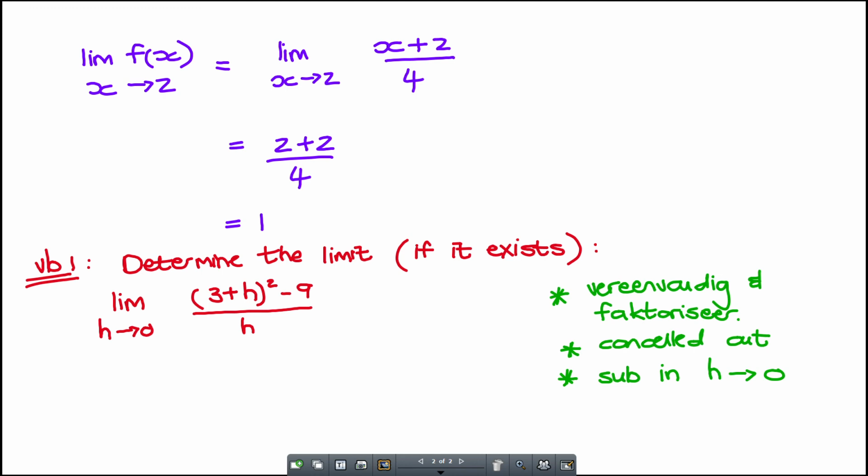Okay, so look here. What is the first thing we're going to do? We're going to simplify, meaning get rid of the brackets.